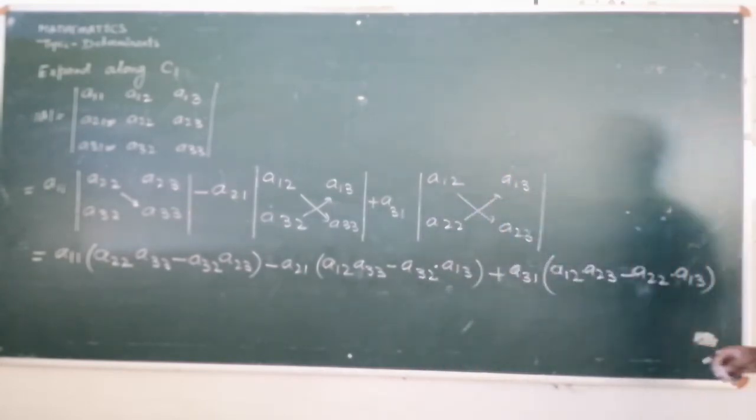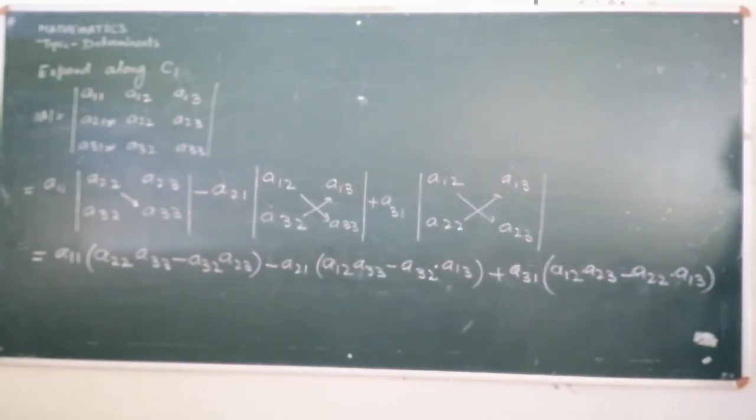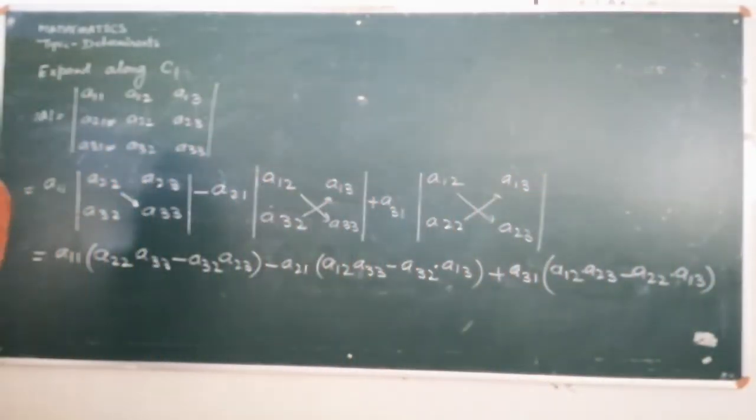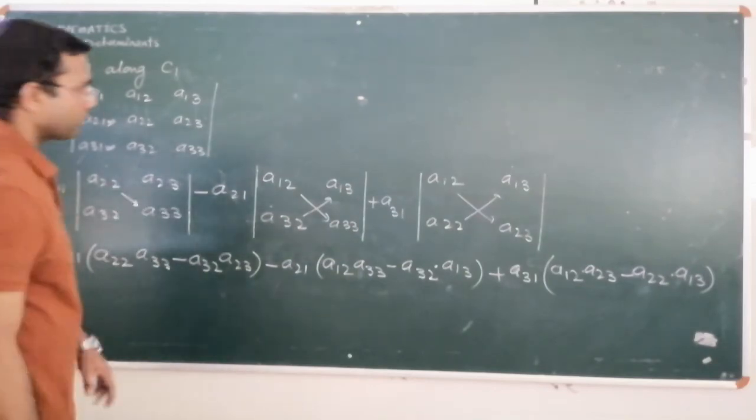So this is the exact procedure. If you are expanding along the first column or maybe along any column, the same procedure you will have to follow. Now I will take one numerical question so that you can understand this better.